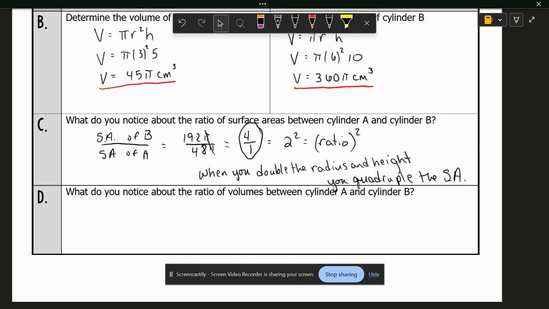But in turn, if you take the volume of B over the volume of A, you end up with 360 pi over 45 pi, which is 8, or 2 cubed. So it's essentially the ratio cubed.